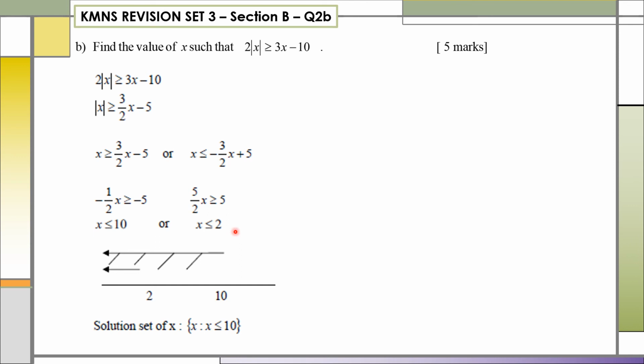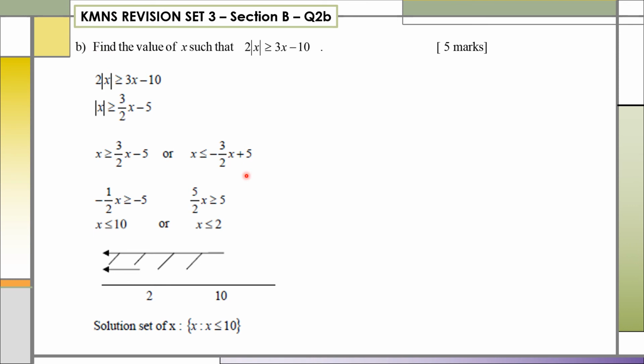And remember, as I said, these are not your final answer. You have to combine them back using the number line. Since we are using the word or just now in the definition, we have to do union in your number line. So your answer should be x less than or equals to 10.